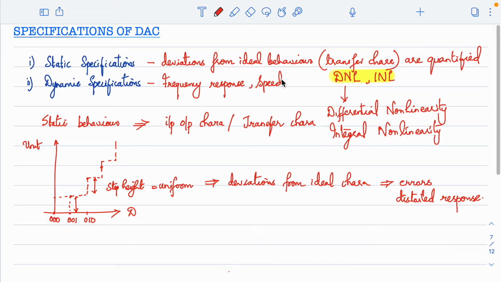The frequency response and speed of most of the analog components actually determine the dynamic performance. So these two decide the dynamic performance. And here, whatever deviations there are, we quantify with the help of dynamic specifications.